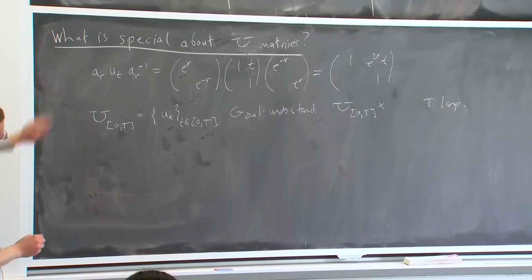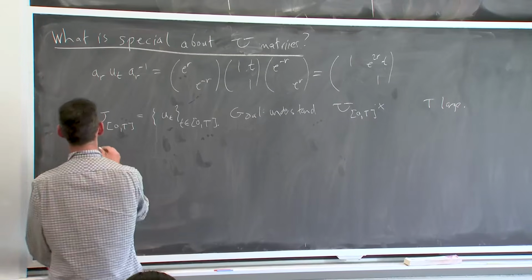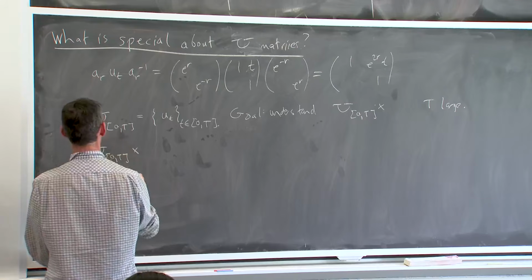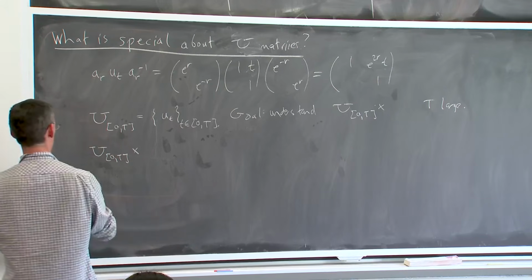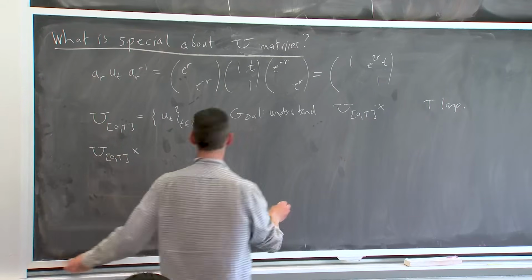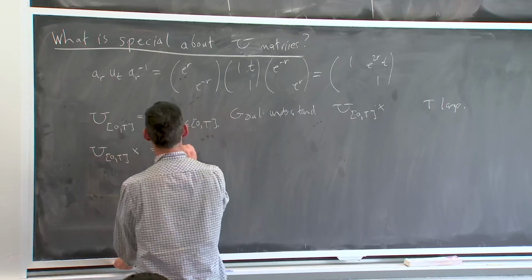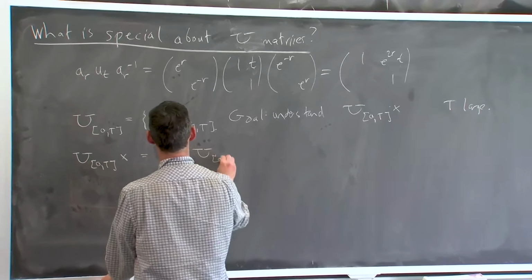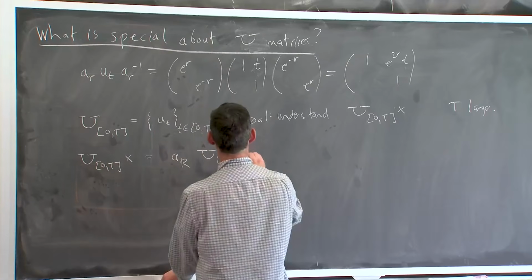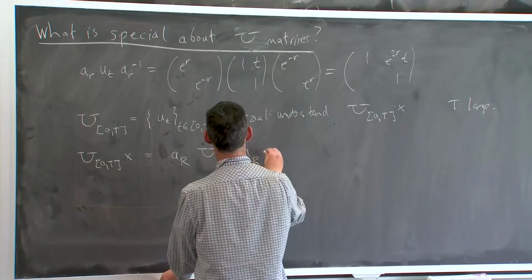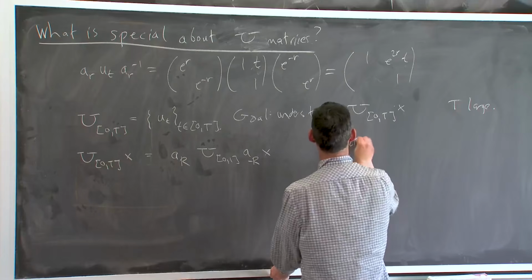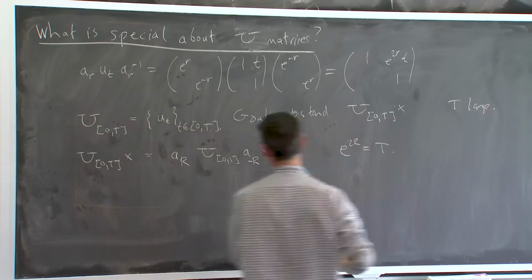And because of this slick little formula, we can write u_0^T of x as a_r u_0^1 a_minus_r of x, where e to the 2r is T.